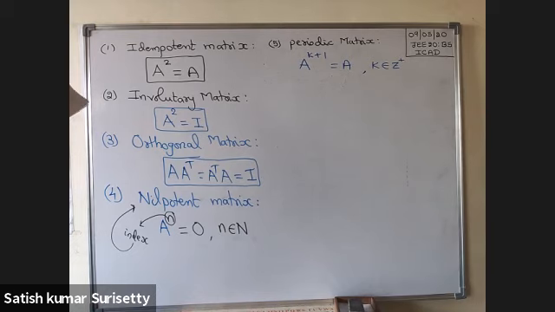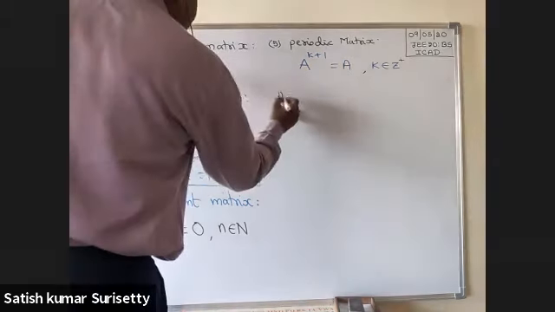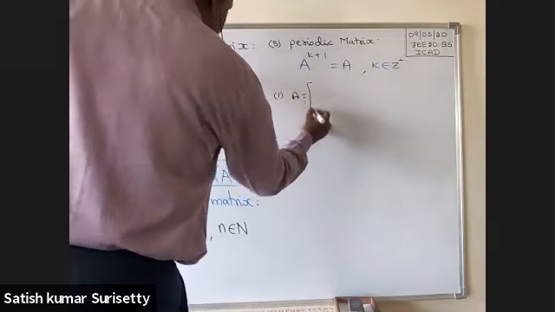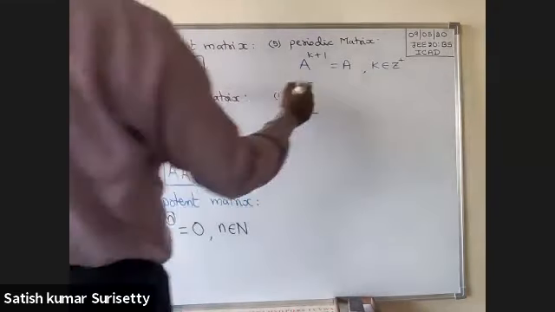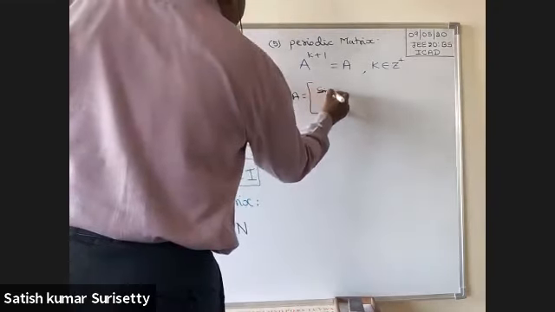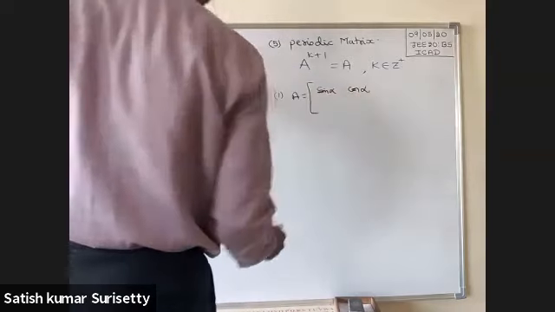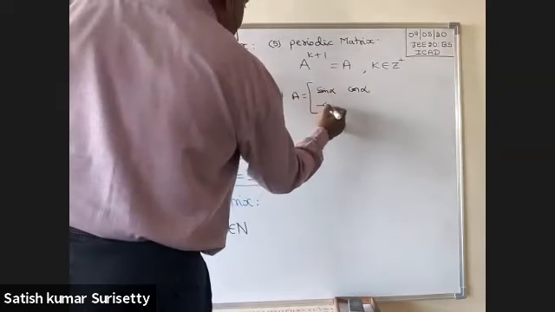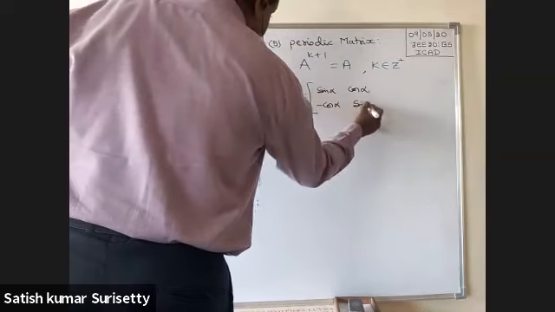First problem: A equals sin alpha, cos alpha, minus cos alpha, sin alpha.